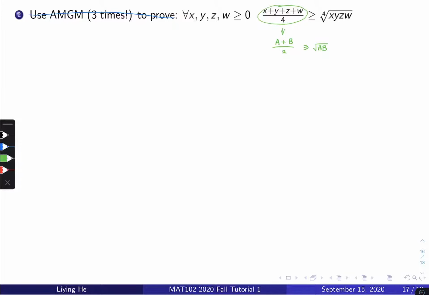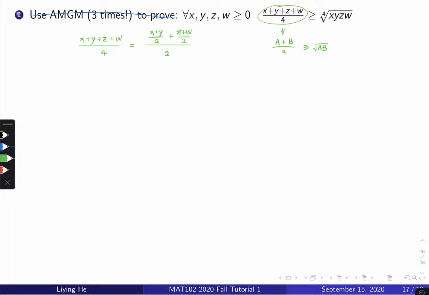Notice that (x plus y plus z plus w) over 4 can be written as, well, I want it to be something over 2, right? And if you observe this, you'll see that this equals (x plus y) over 2 plus (z plus w) over 2.